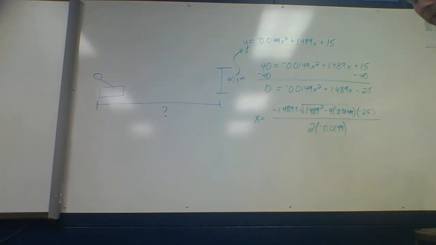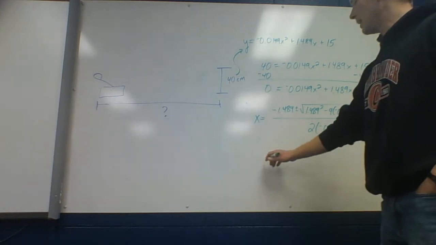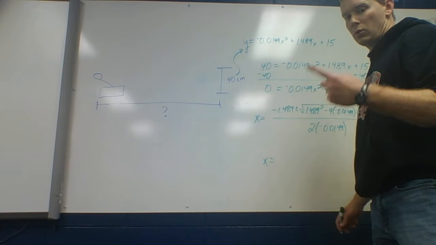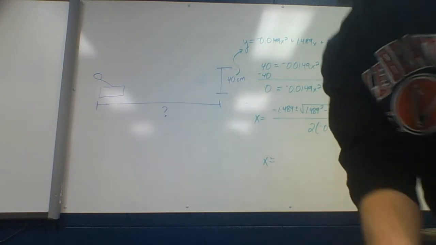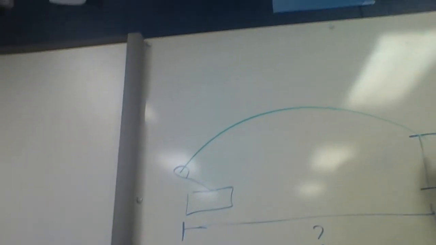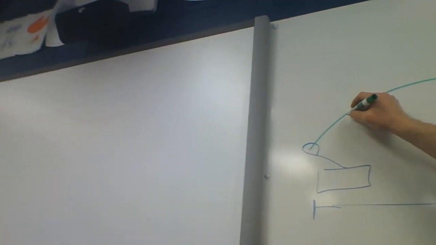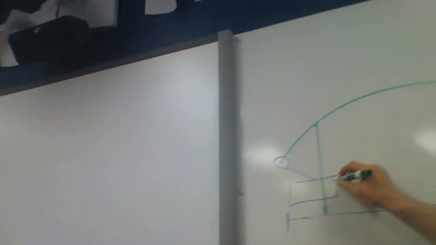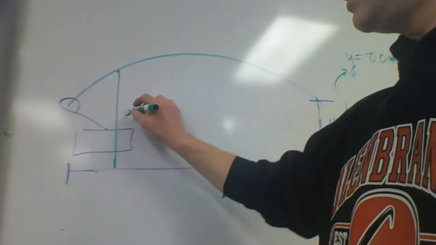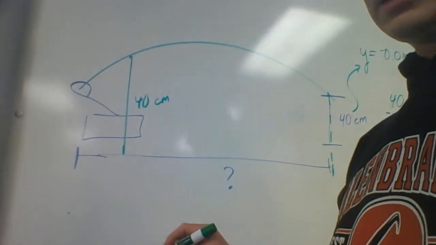That's going to take a little while to punch out, right? But we would get a number. We would actually get 2 numbers, only one of which would make sense, right? Think about your parabola here, okay? One of those numbers is going to tell us this value. The other one's going to tell us when it hits 40 centimeters on the way up, right? So we got to realize that there's 2 times that it goes through a height of 40 centimeters.